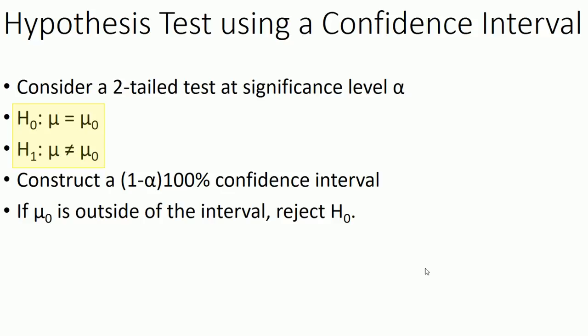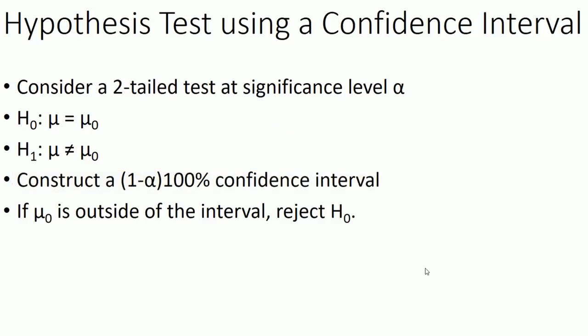So instead of getting a test statistic and doing all that, we instead construct a confidence interval. So you take your alpha level, say 0.05, and subtract it from 1, and then multiply it by 100%. So that turns a 0.05 alpha level, a significance level, into a 95% confidence interval.